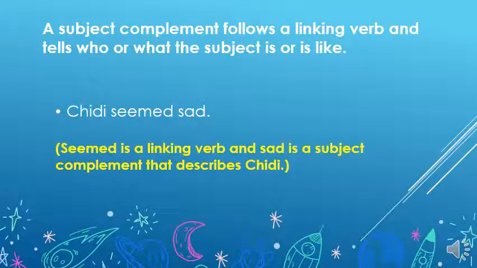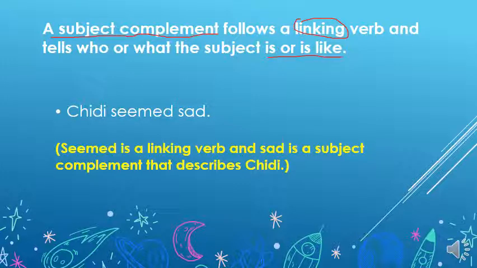So let's focus now on something else, the other part of the lesson, which is what comes after the linking verb. A subject complement. Okay, it is called a subject complement. It follows a linking verb. So after the linking verb, we have a subject complement, and it tells who or what the subject is or is like.